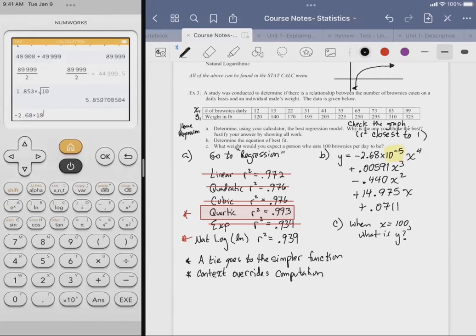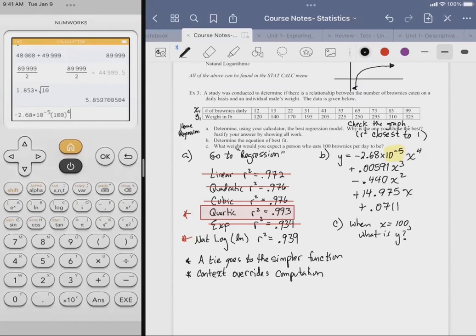So you could select that and put in -5, or you could use the X to the Y key, type in the 10 and then hit that and type in a -5. Either way, the one at the bottom here is just a shortcut for it. So we're going to take that and multiply it by 100 raised to the fourth power. So that's again the X to the Y key, just like you would find on a scientific calculator.